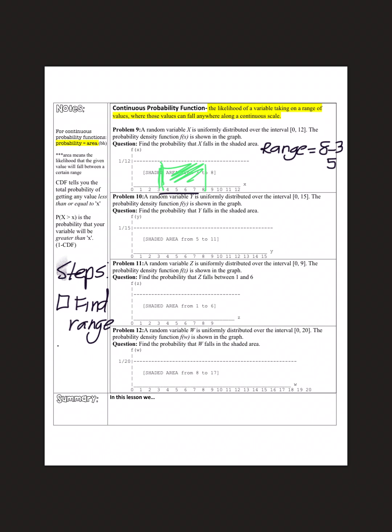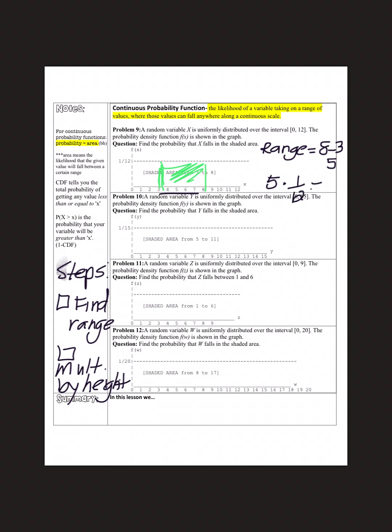Then I'm going to multiply by height. So I'm going to take the 5 that we got and multiply it times 1 over 12.